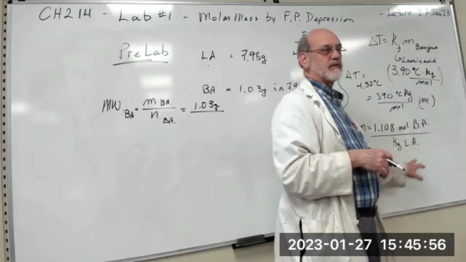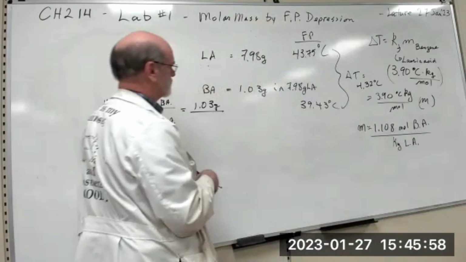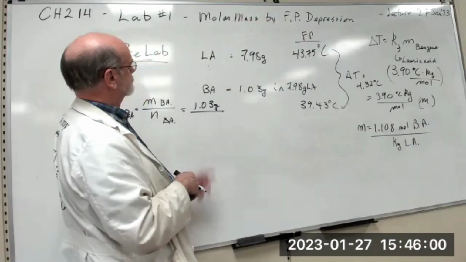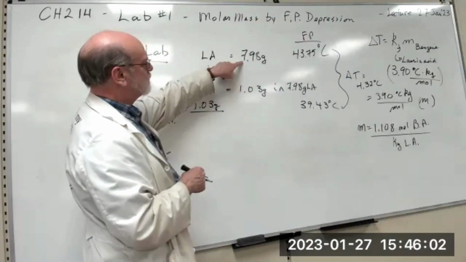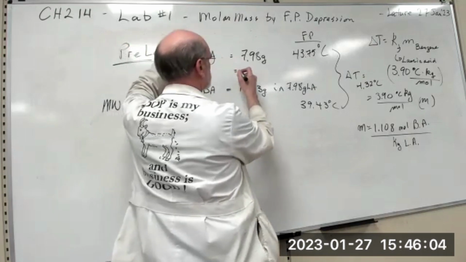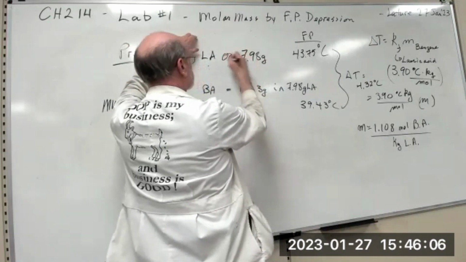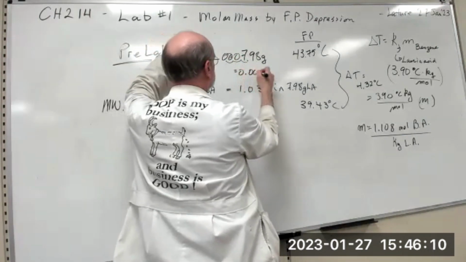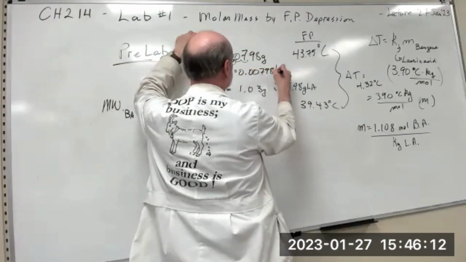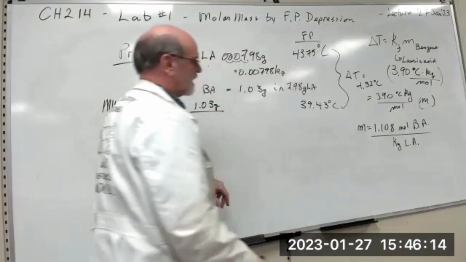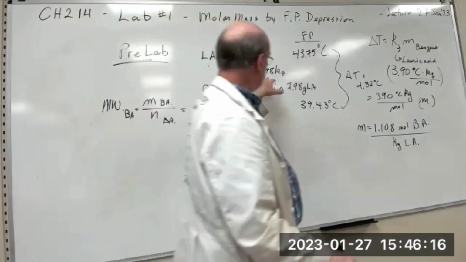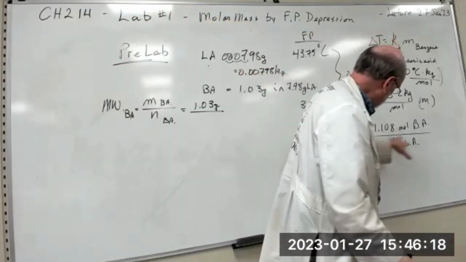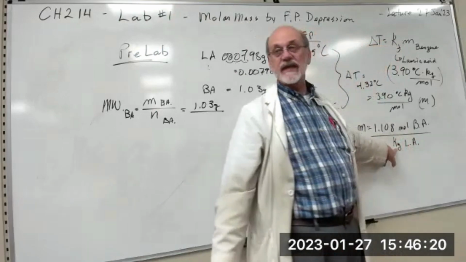How many kilograms of lauric acid do we have? 7.98 grams is what in kilograms? All right, we need to move it 3 places. 1, 2, 3. 0.00798 kilograms of lauric acid. So if we multiply kilograms of lauric acid times molality, it will cancel the kilograms.